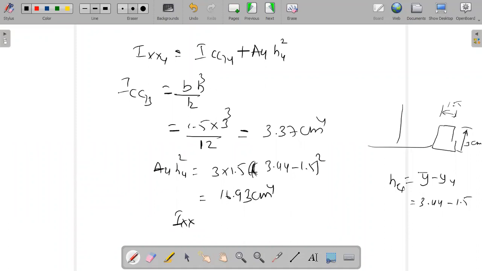What is Ixx4 then? This will be 3.37 plus 16.93. So the answer will be 20.3, I think 20.34. We got all the values now.